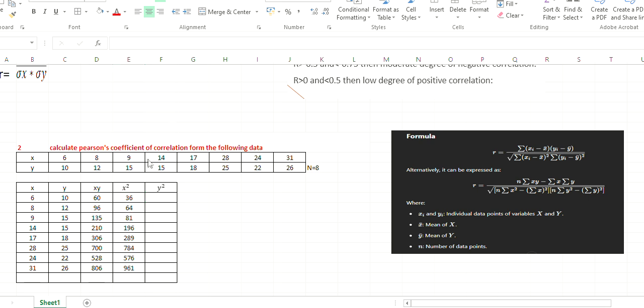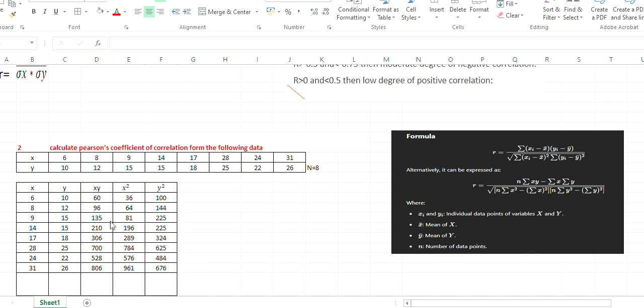Next I have to do y square. y square is the same thing, equals this into this. So 100. Just drag and drop. Same formula. Done.